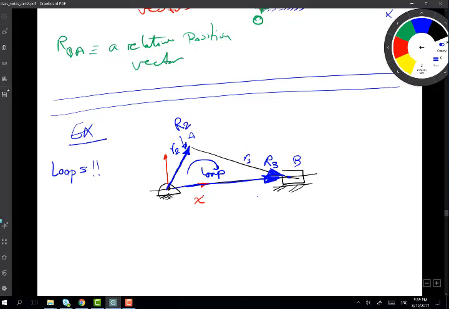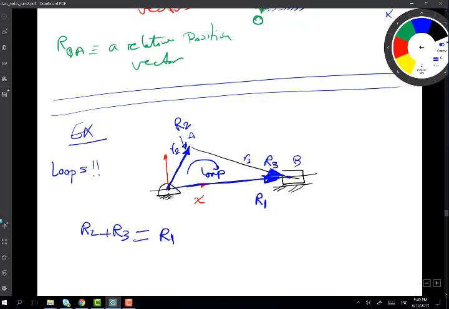I can call this vector R1 maybe. Okay, that's R1. All right. So now I have a loop of vectors. And when I add the vectors together in a loop, like when you add R2 plus R3, right, the sum is the vector which closes the loop for you.